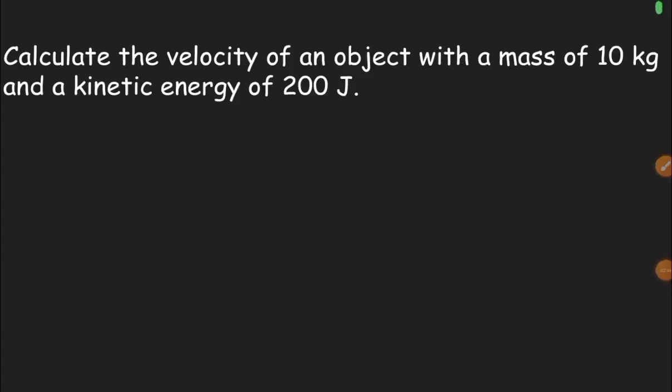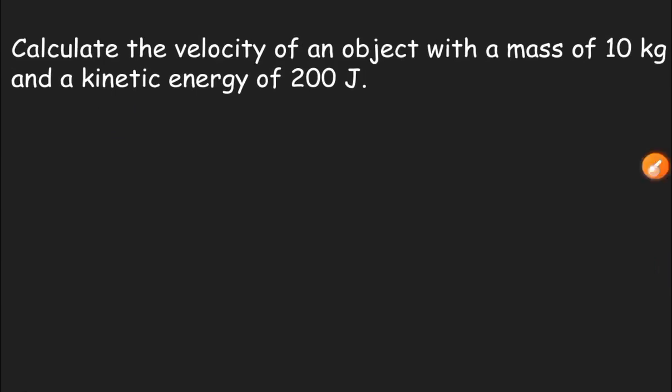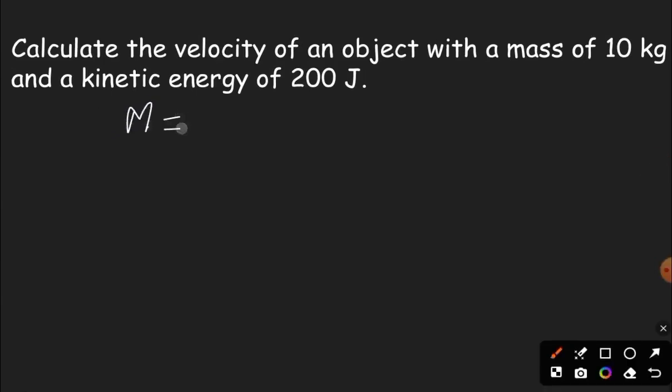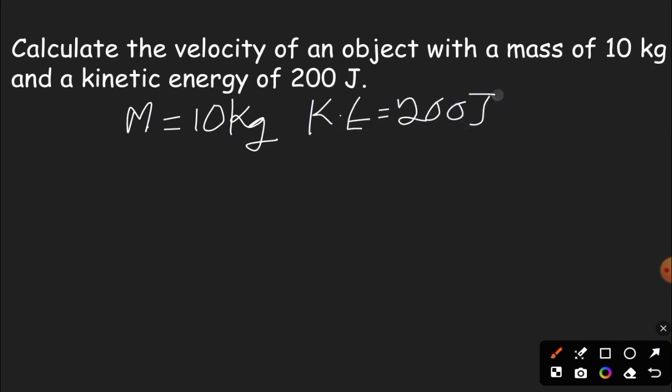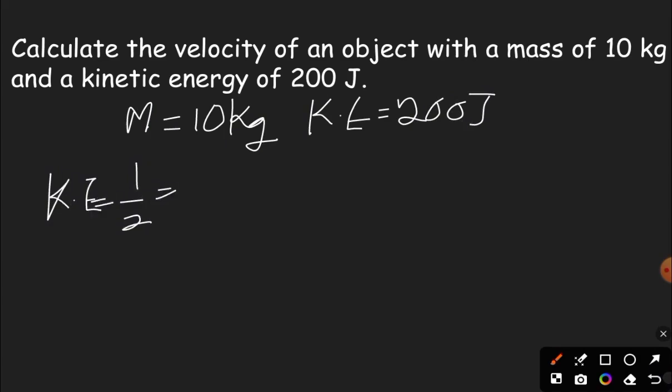So the next question is to calculate the velocity of an object with a mass of 10 kilogram and a kinetic energy of 200 joules. So your kinetic energy is half multiplied by your mass by your velocity squared. In this question, we're given kinetic energy to be 200.